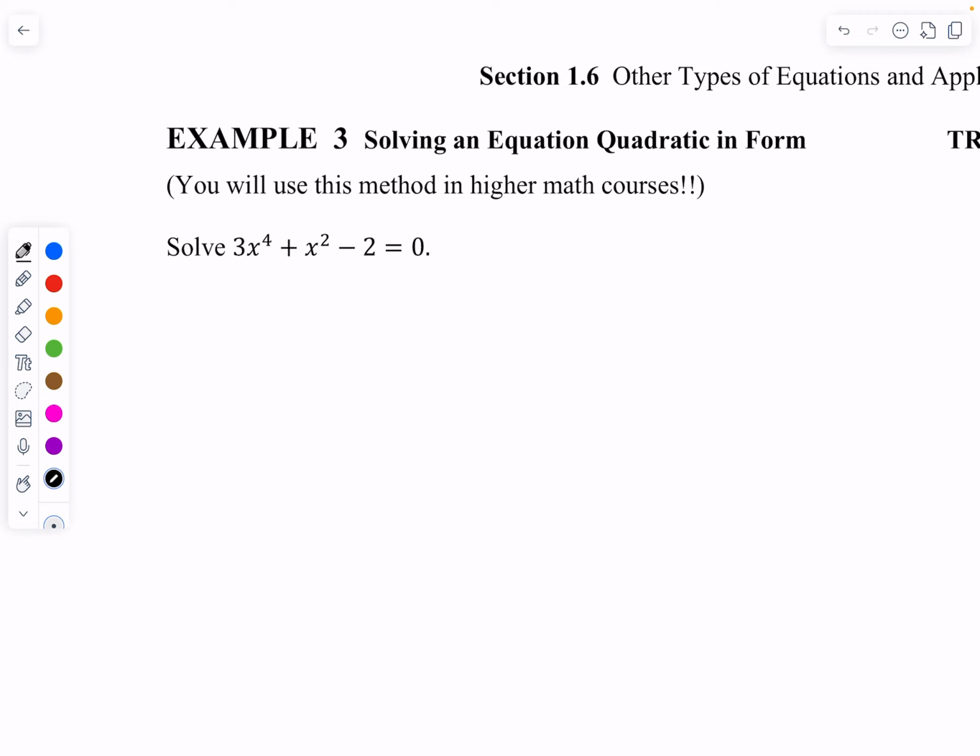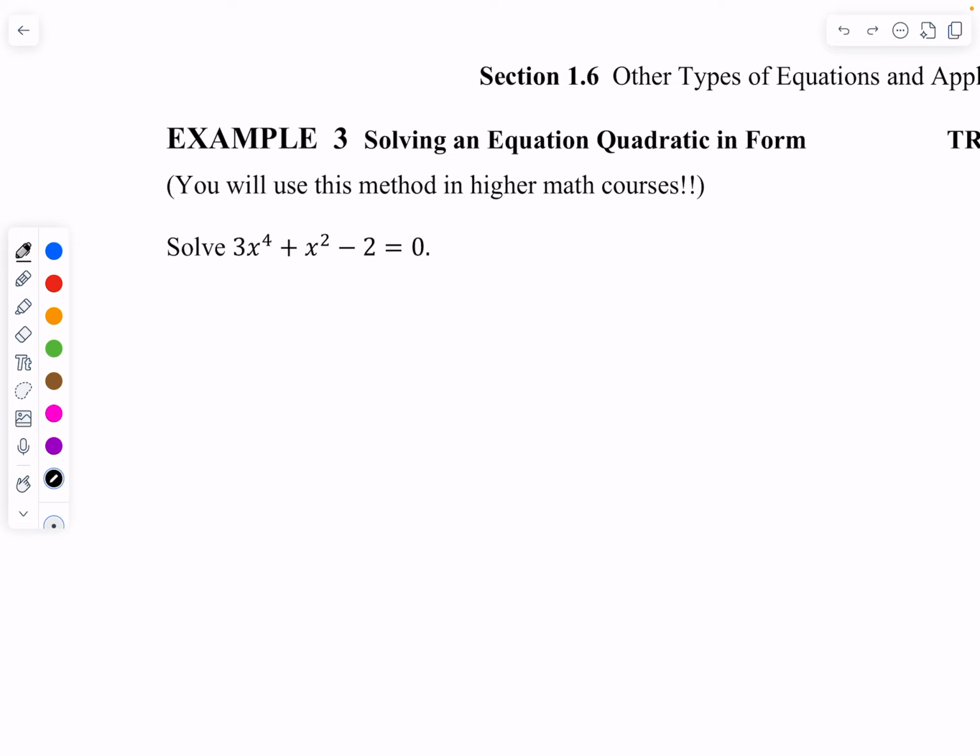So notice we now have an x to the 4th. Okay, so there's several ways that you could work this, but I want to show you a technique that's used a lot in calculus and other problems. It's also called the chain rule in calculus.